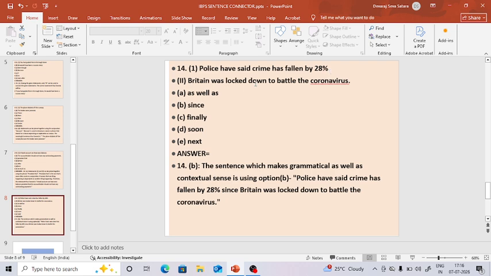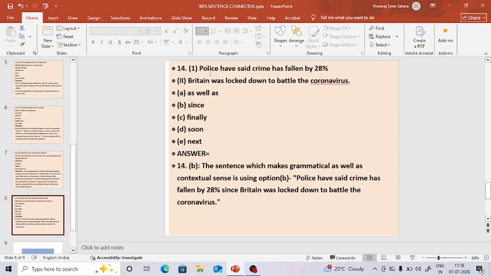Next, police have said crime has fallen by 28%. Britain was locked down to battle the coronavirus. The options are as well as, since, finally, soon, and next. These words are given to use as a conjunction. See, both sentences do not have any connection with each other, so they can join with "since", meaning this thing is happening, but another fact is there.